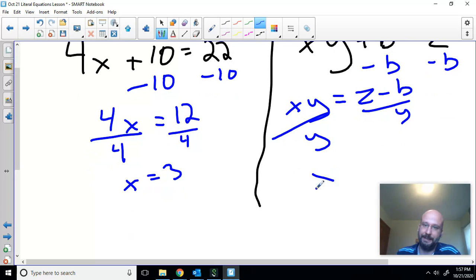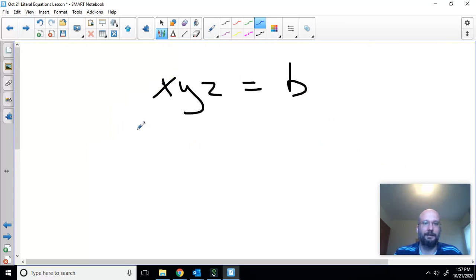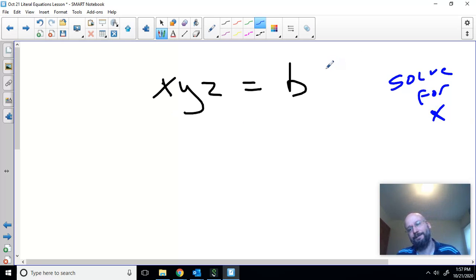So that gives me x equals z minus b over y. This one's a special case. x times y times z equals b. If we're solving for x, we want to move both the y and the z over.